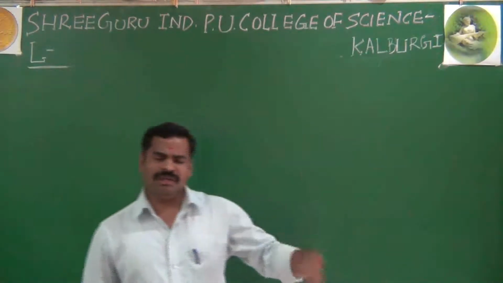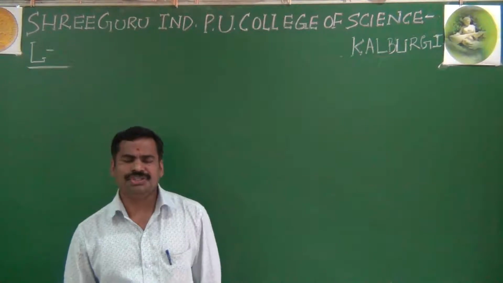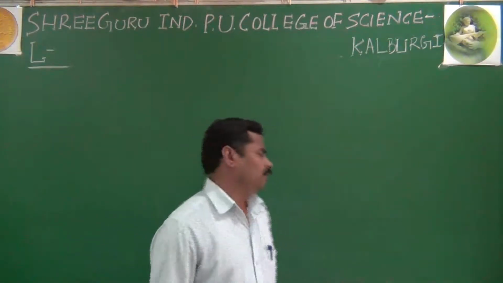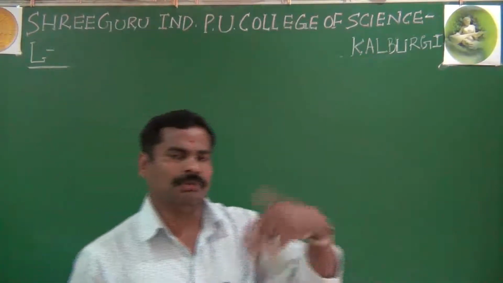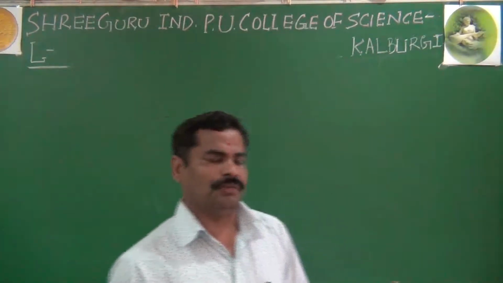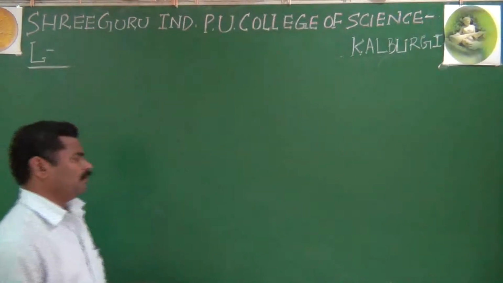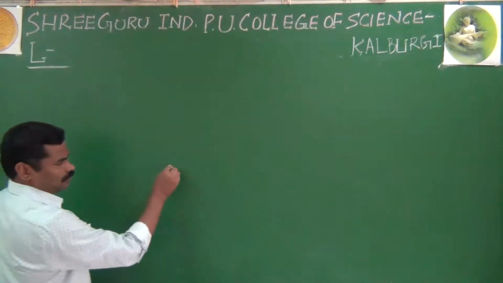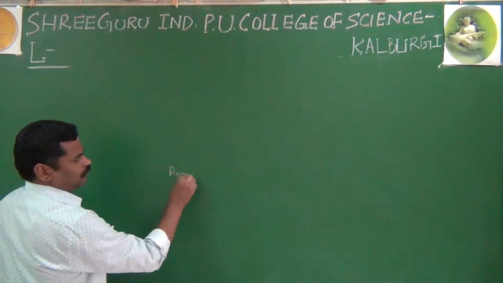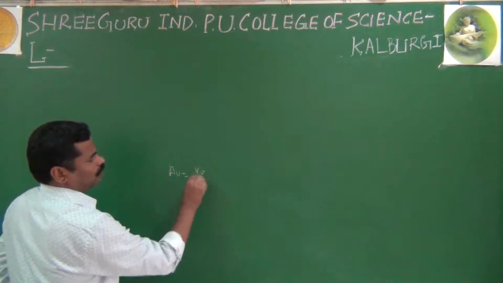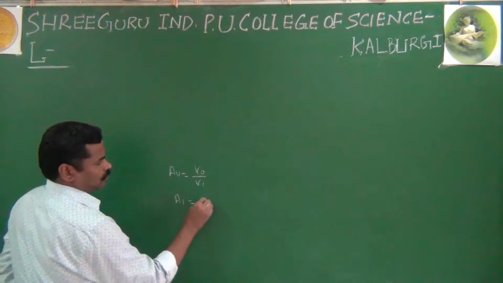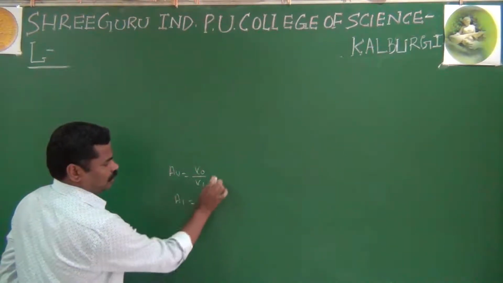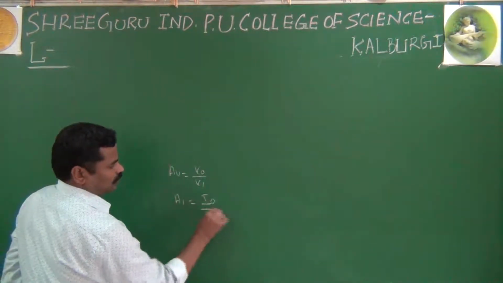Consider the voltage gain, AV, that is nothing but V naught by VI. In the same way, consider AI, that is nothing but I naught to II.